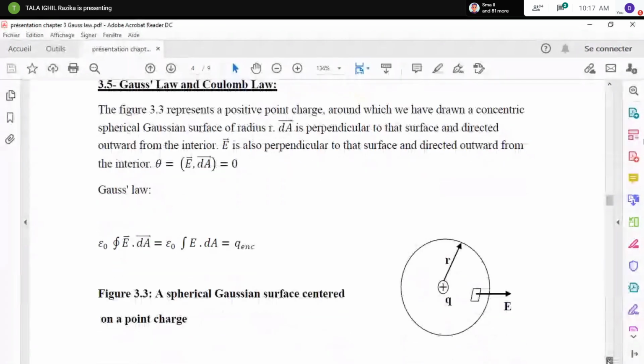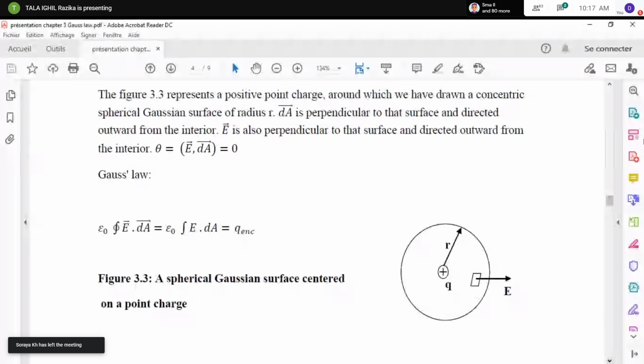Applying Gauss law, if we have a point charge Q with positive charge, we take a closed surface, a circle around the charge, and then we apply Gauss law. So epsilon 0, the integral over the closed surface E dA.